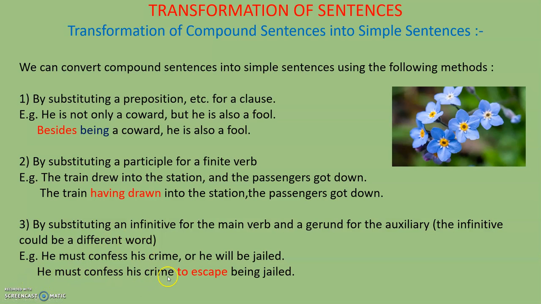He must confess his crime to escape being jailed. To escape. Now you have used the infinitive to and you have used a different word with the infinitive, that is escape. Okay, so this you have to understand. You do not change the meaning of the sentence. The sentence meaning is the same, but you have changed it into a simple sentence by substituting an infinitive in this sentence.